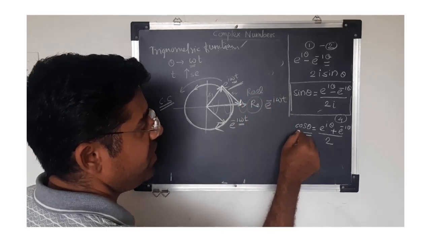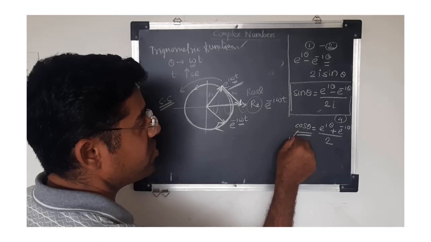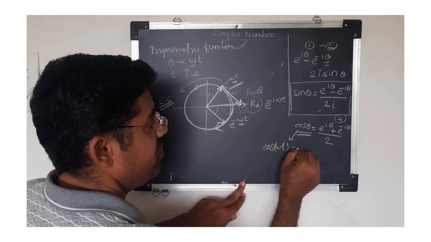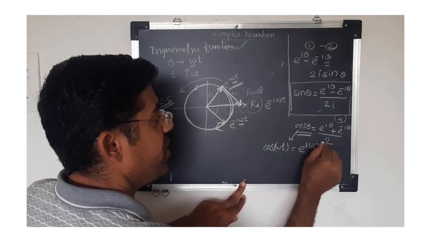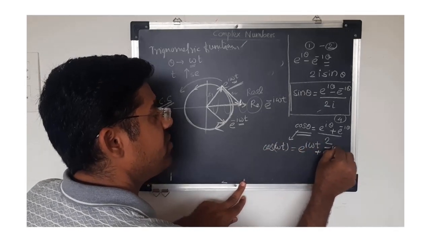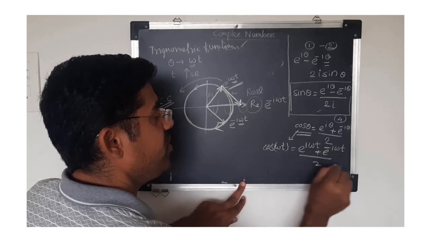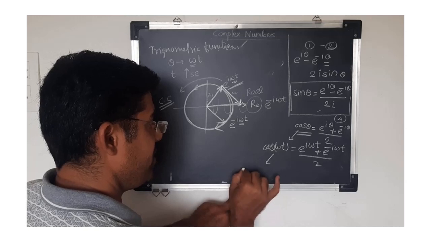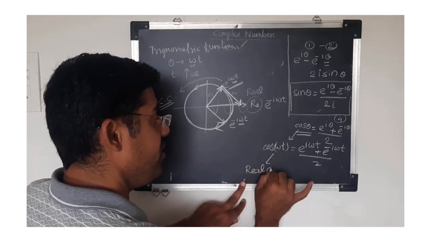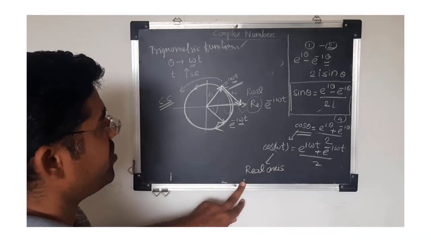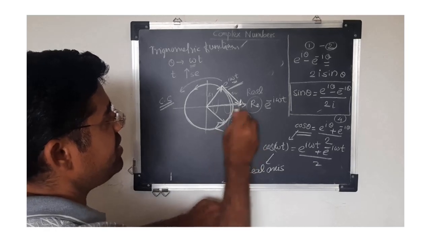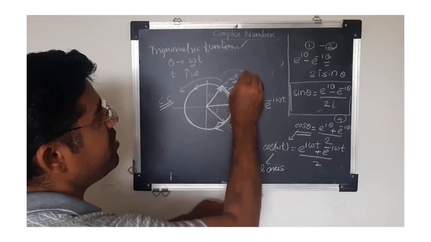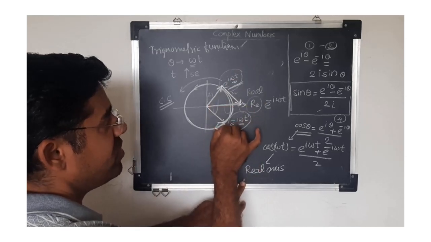When we talk about cos of omega t, which is e raised to i omega t plus e raised to minus i omega t divided by 2, the oscillation takes place along the real axis, because e raised to minus i omega t is the complex conjugate of this number.